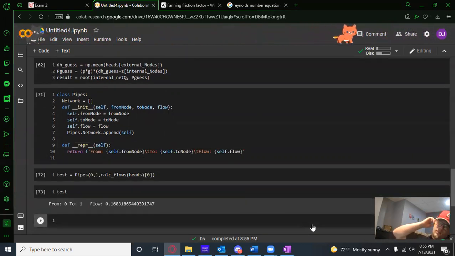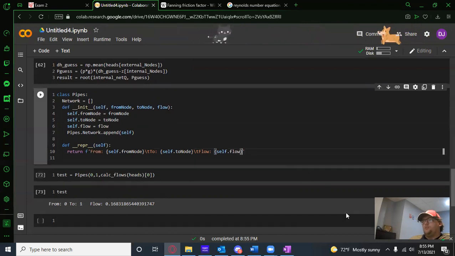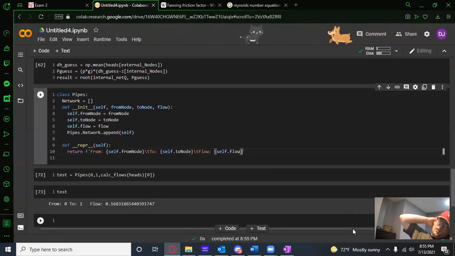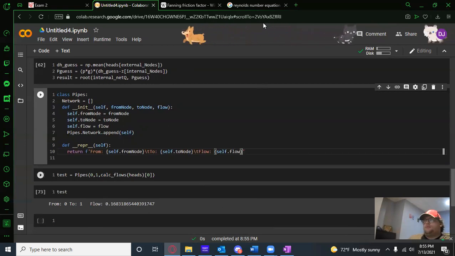Okay, there we go. So as you can see, from node 0 to node 1, we have a flow of this, where it might be better if the units are kilogram per meter cubed.